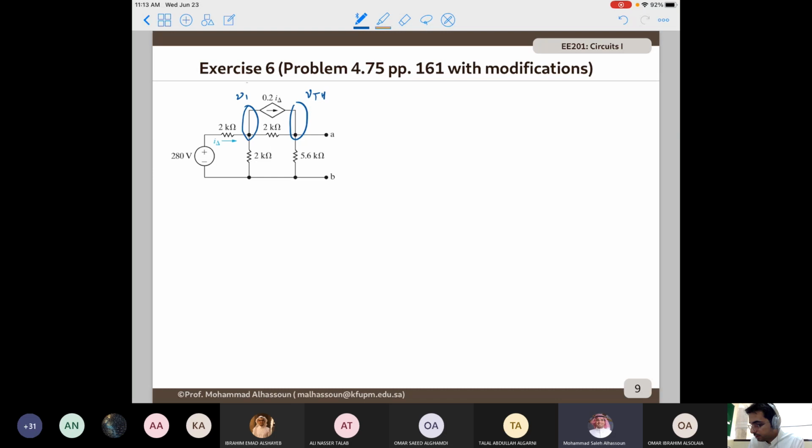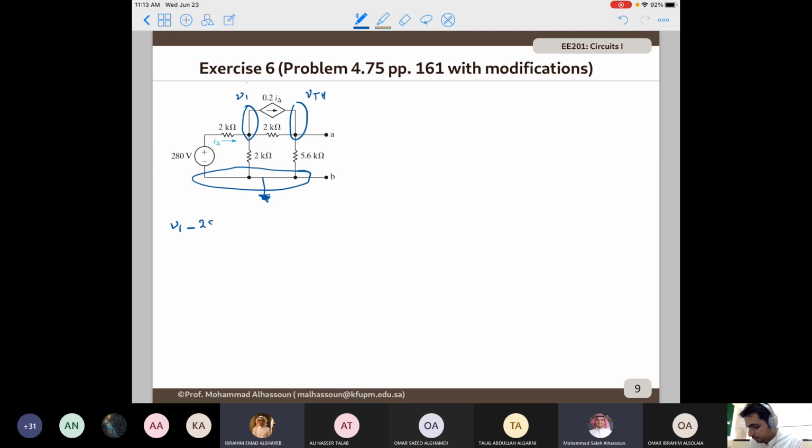So the Thevenin voltage is actually one of the node voltages, so I don't need to apply Ohm's law. The node voltage method and the mesh current method are both going to give me exactly the same number of equations, so I have the freedom to choose which method to use. Ibrahim, let's apply the node voltage method.